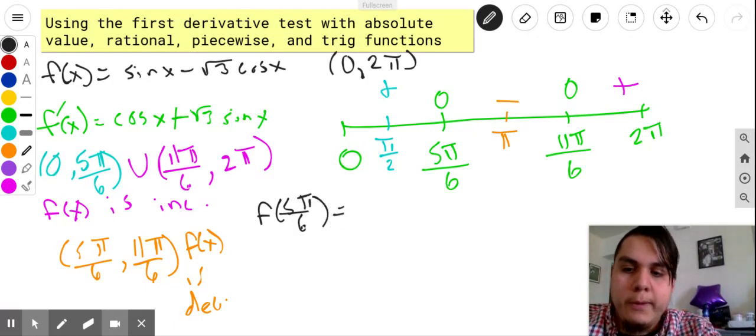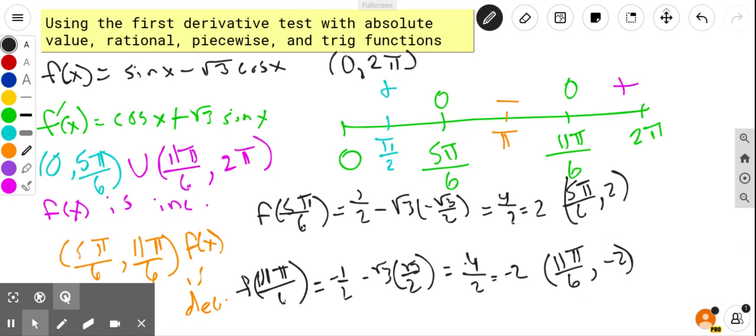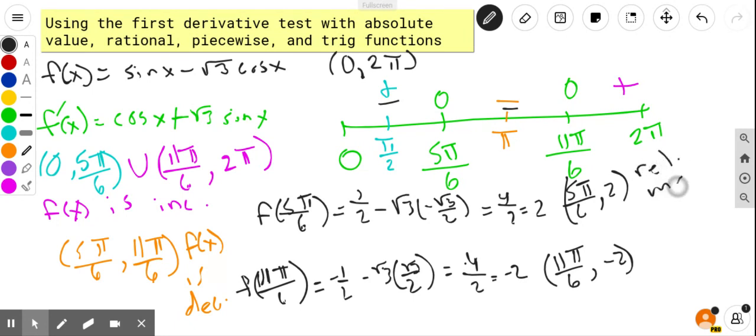So, a little jump cut. And here we go. I evaluated f of 5 pi over 6, and you have some of my work there, so you can see how I did it. Because at 5 pi over 6, I went from positive to negative, I can state that this would have to be a relative maximum.